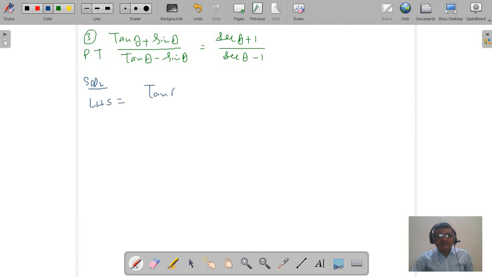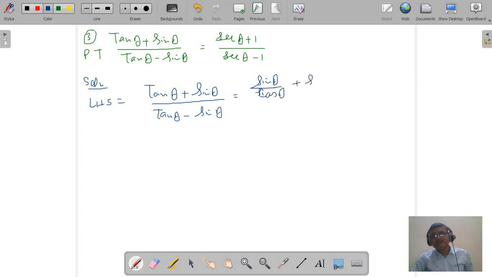This is tan theta plus sine theta upon tan theta minus sine theta. Now we are converting tan theta into sine theta upon cos theta, so we get sine theta upon cos theta plus sine theta upon sine theta upon cos theta minus sine theta.